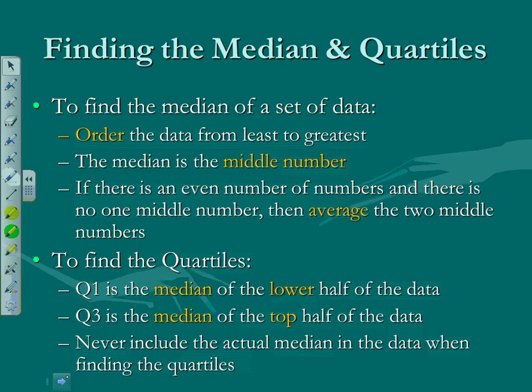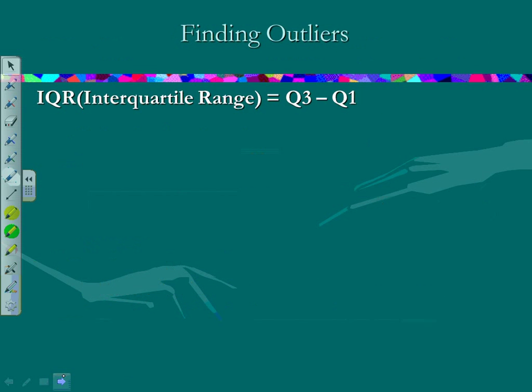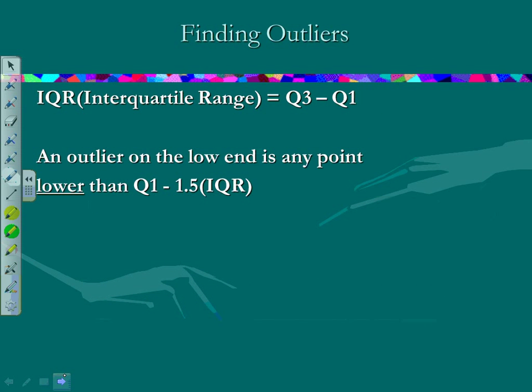Order the data from least to greatest, find the middle number. Q1 is the median of the lower half, Q3 is the median of the top half. Okay, this is important. The interquartile range, which is the Q3, the median of the top half, minus the Q1, the median of the bottom half.